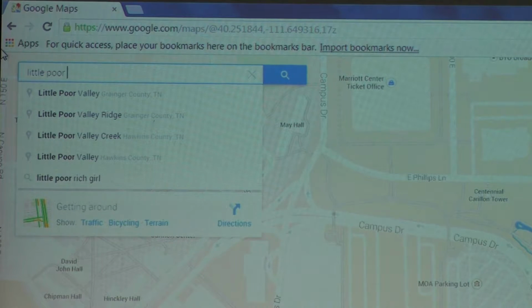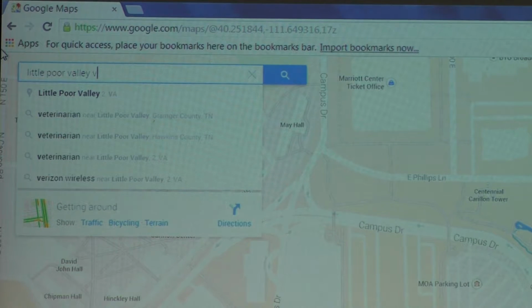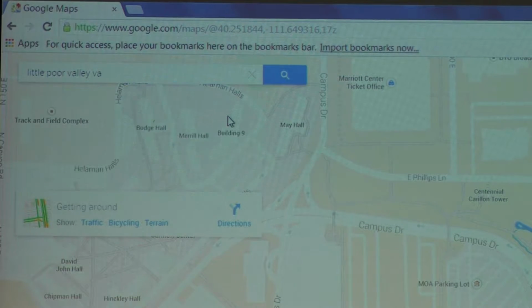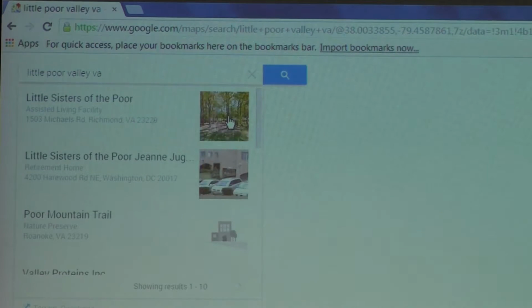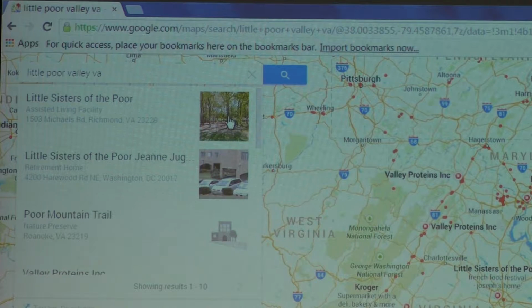Virginia. Okay, well, there's plenty of them in Tennessee so far. Well, the one in Hawkins County is the same valley. Let's try it and see what happens. Well, there you go.